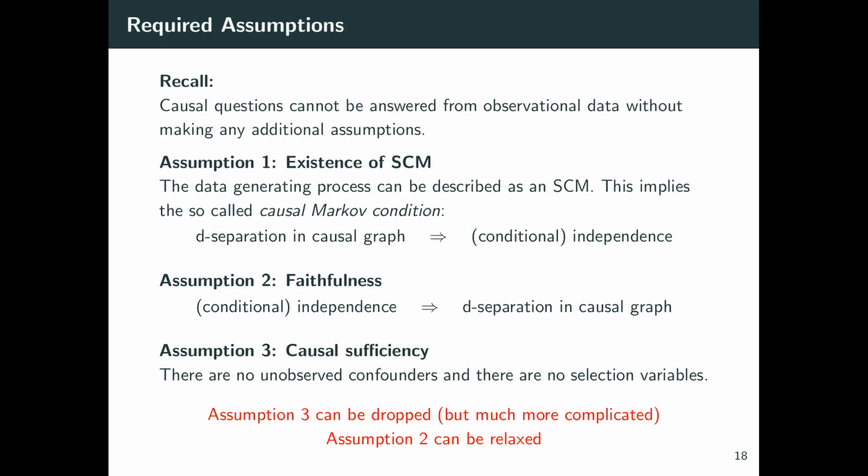Then the algorithm or the implications we showed work in some cases, but often you are left with a large Markov equivalence class, so you cannot say so much about causal relations. But this very much depends on the data and what you learn.